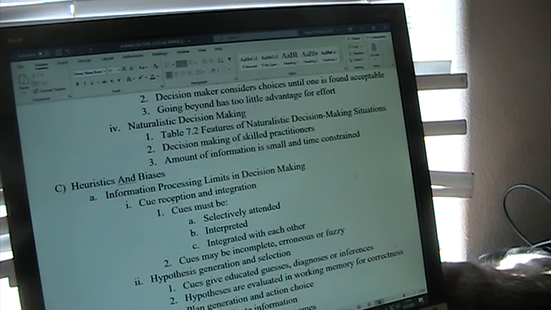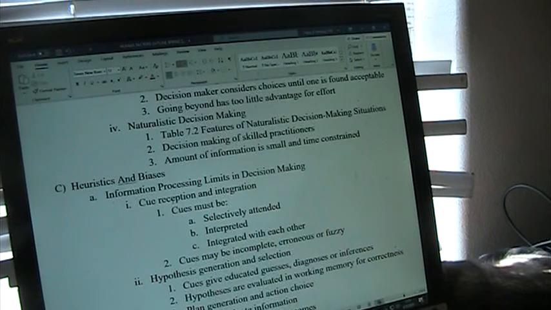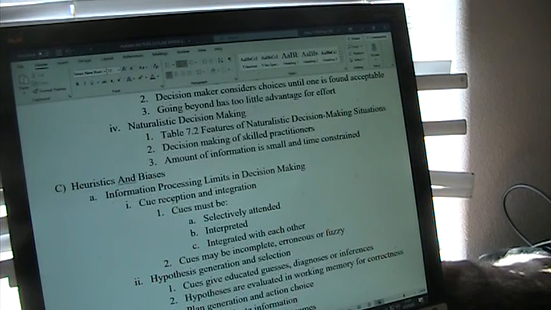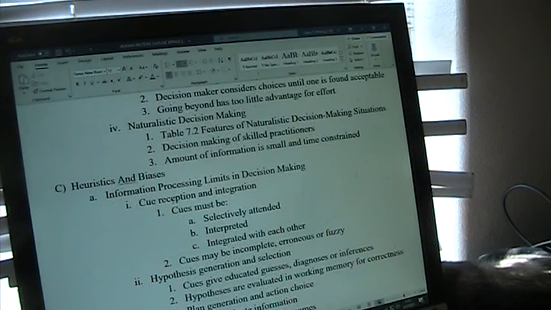The decisions have to be made quickly because there's not a lot of time. They're a characteristic of high risk. There can be really bad consequences for making the wrong decisions. And multiple persons are involved in the decision. There are going to be people contributing information and they're going to give perspectives on the decisions.